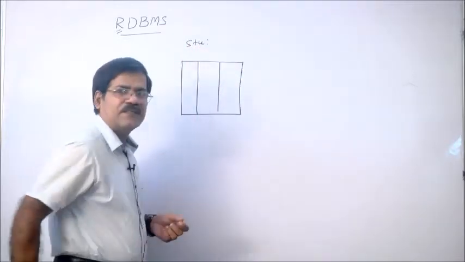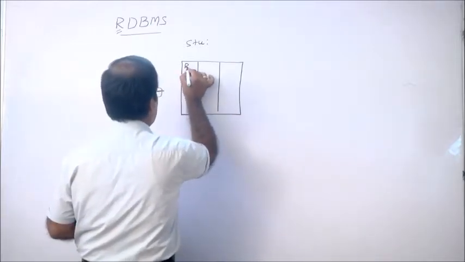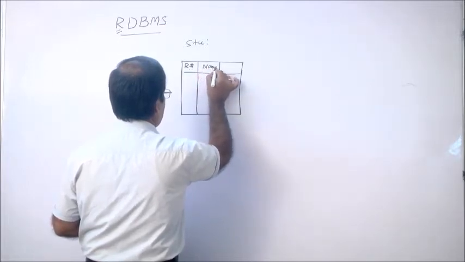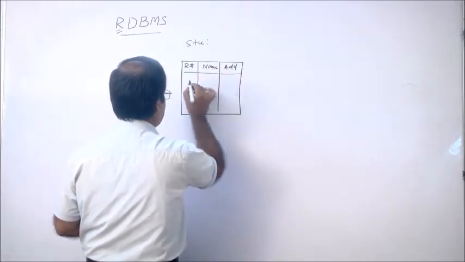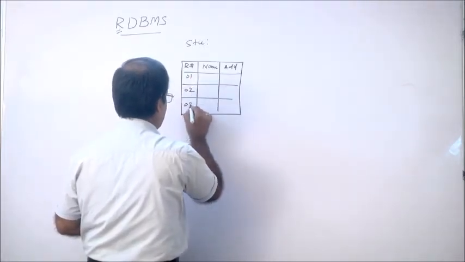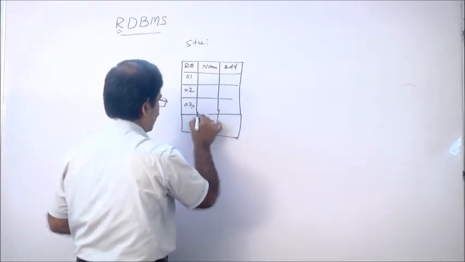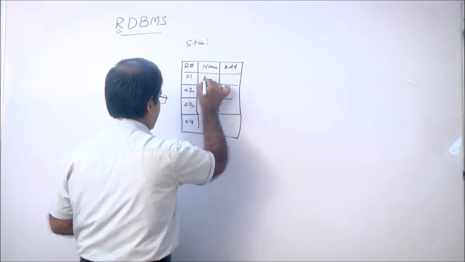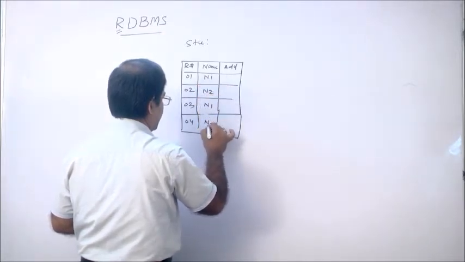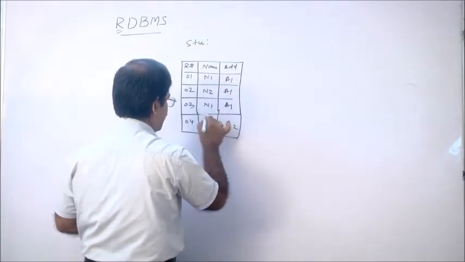The name of the table is student, having roll number, name, address. Roll number 1, roll number 2, roll number 3, let it be roll number 4. There are 4 records. Names are N1, N2, N1, N3, and addresses A1, A1, A1, A2.